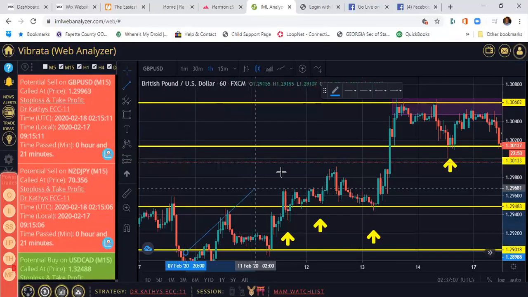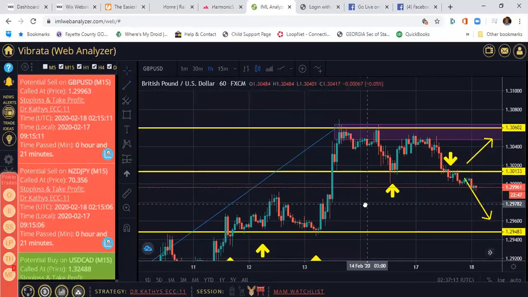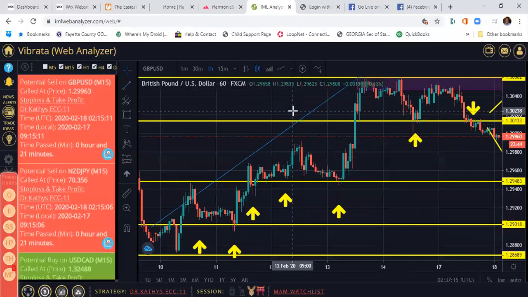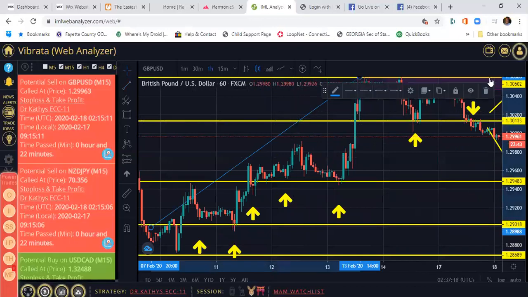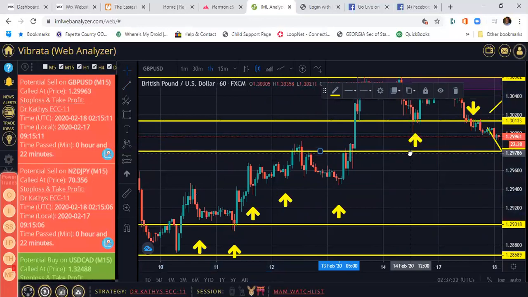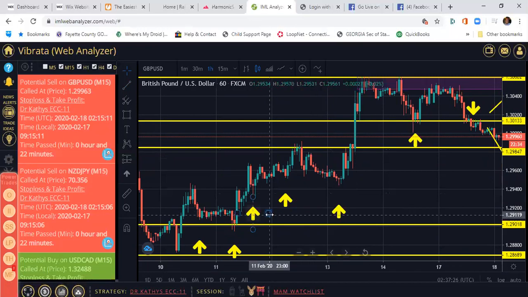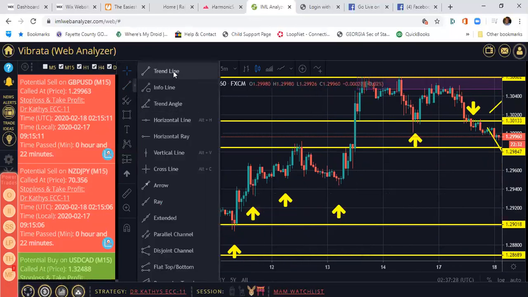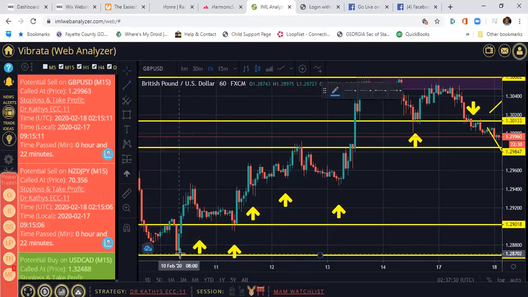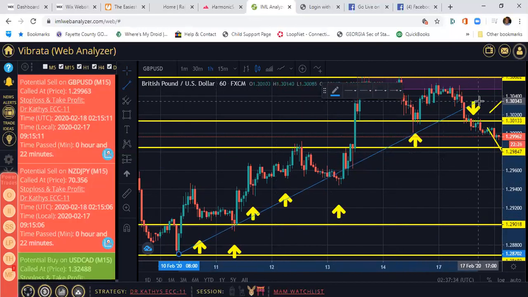You can put these lines in. Some people like that. If it breaks the trend line, it does something. Well, actually, I put it on the underside. I'm sorry. Let me put that on the underbelly. I'm assuming it was here. You can put a trend line. I don't really do trend lines anymore, but you can.